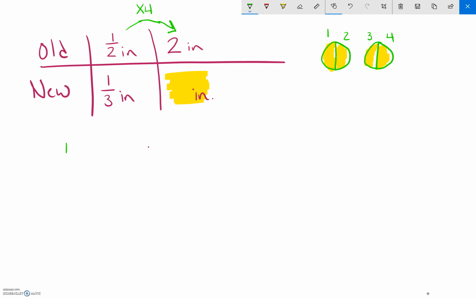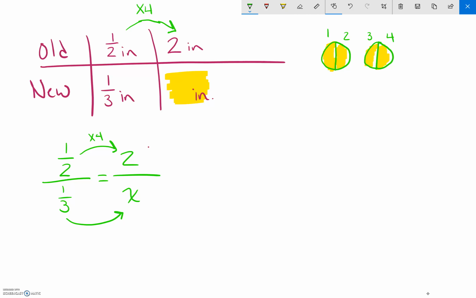Or if you look at it in forms of a proportion, where you have 1/2 over 1/3 equals 2 over blank. You know, what do you do to the numerator to get the new numerator?